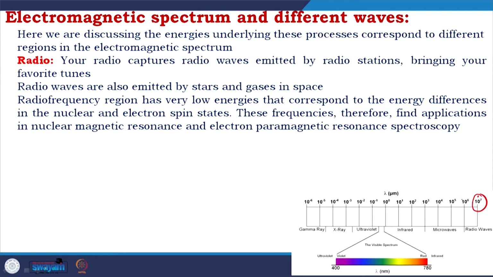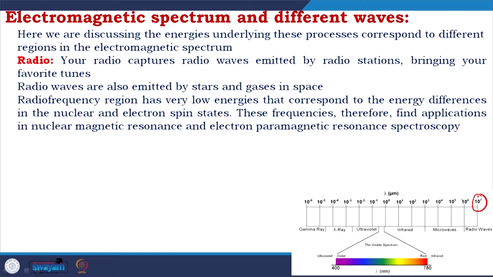So, the energy is low because as you know energy is inversely proportional to wavelength. So, the radio frequency region has very low energies that correspond to the energy differences in the nuclear and electron spin states. These frequencies therefore find application in nuclear magnetic resonance and electron paramagnetic resonance spectroscopy.